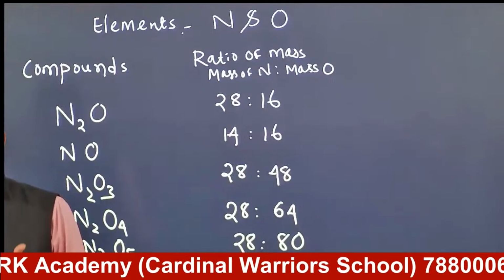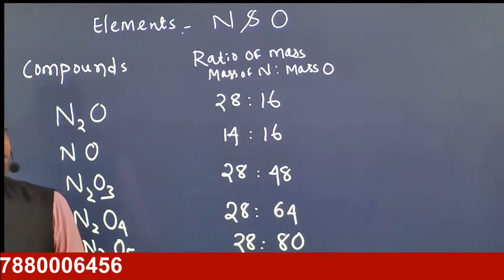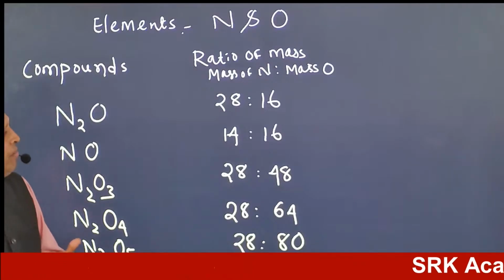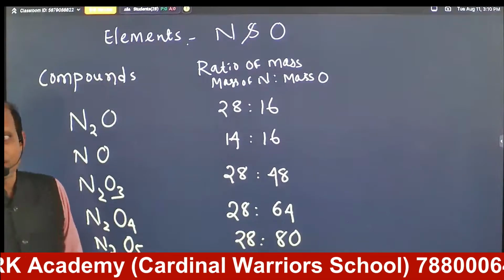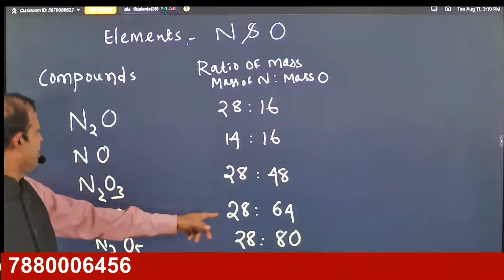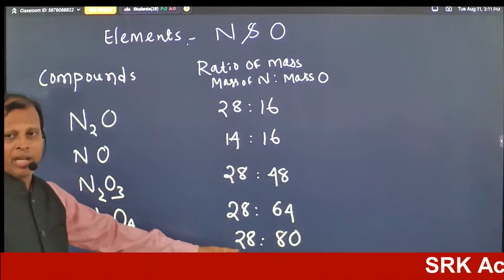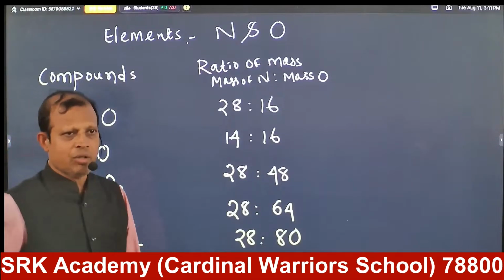Which are the compounds having the same mass of nitrogen? N2O, N2O3, N2O4, N2O5, right? The same mass of the nitrogen.